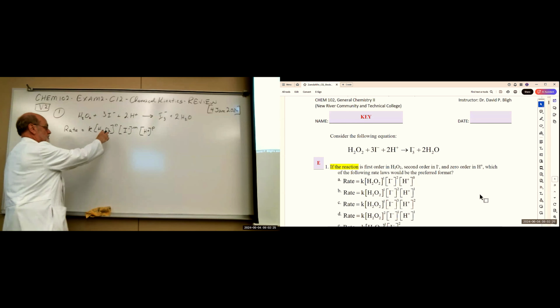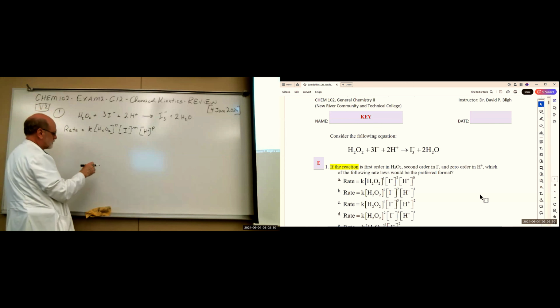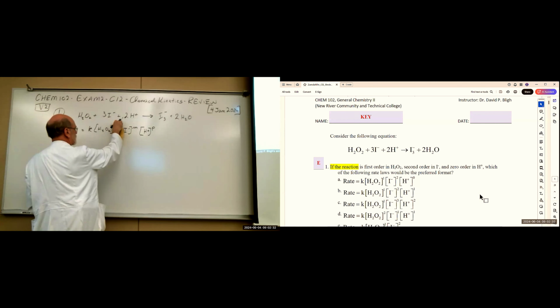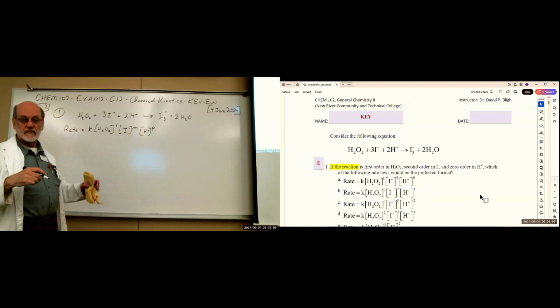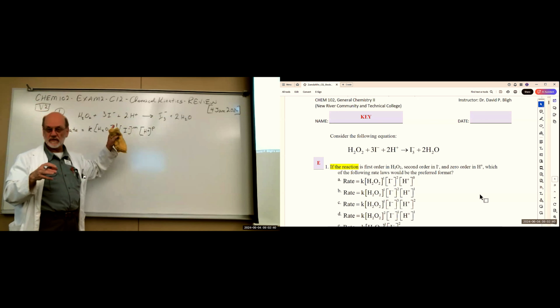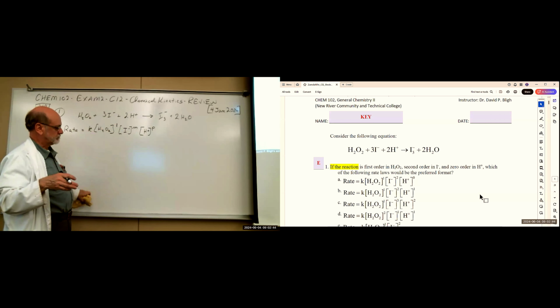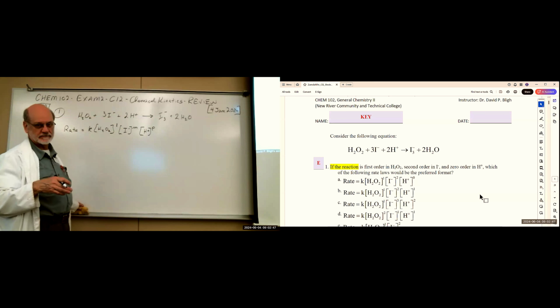Okay, so these are the orders, and the problem tells us that H2O2 is first order. So you don't have to write the 1 in there, but the answers are given with the ones as selections, so that there's no mistake.